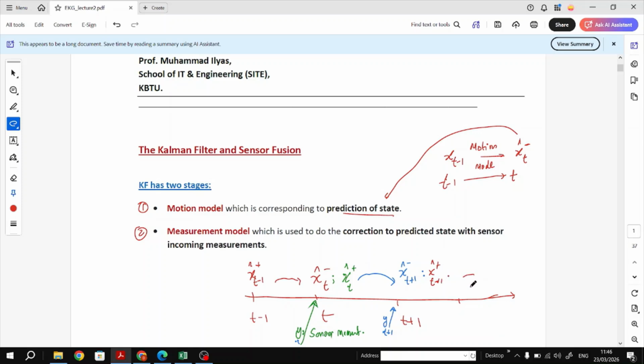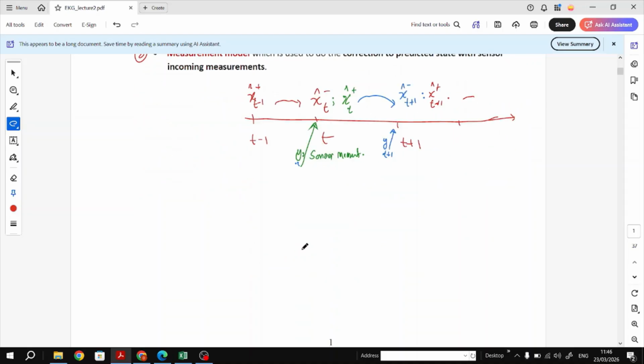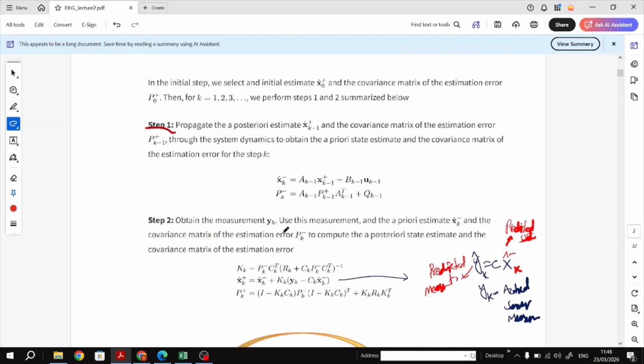The Kalman filter uses 5 equations. Let me summarize them below. We use these 5 equations for state prediction and state update. These first two equations are the state prediction equations.